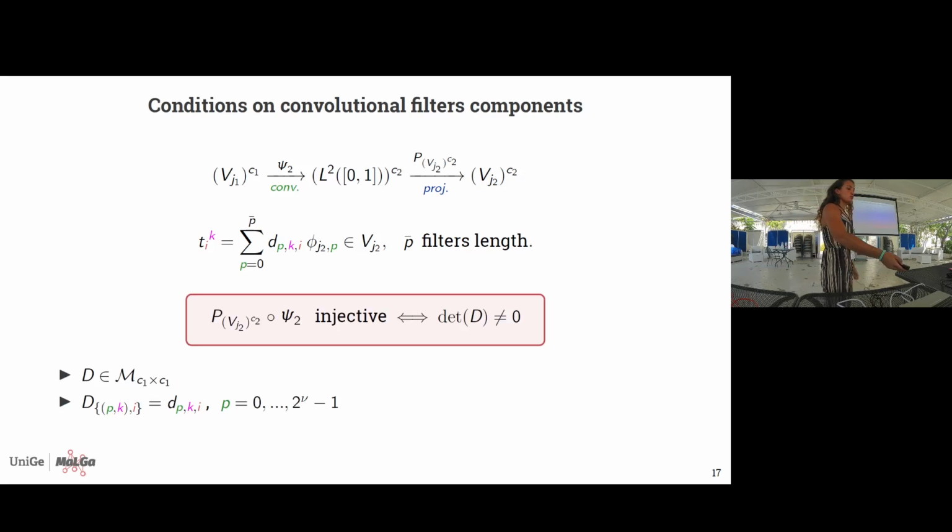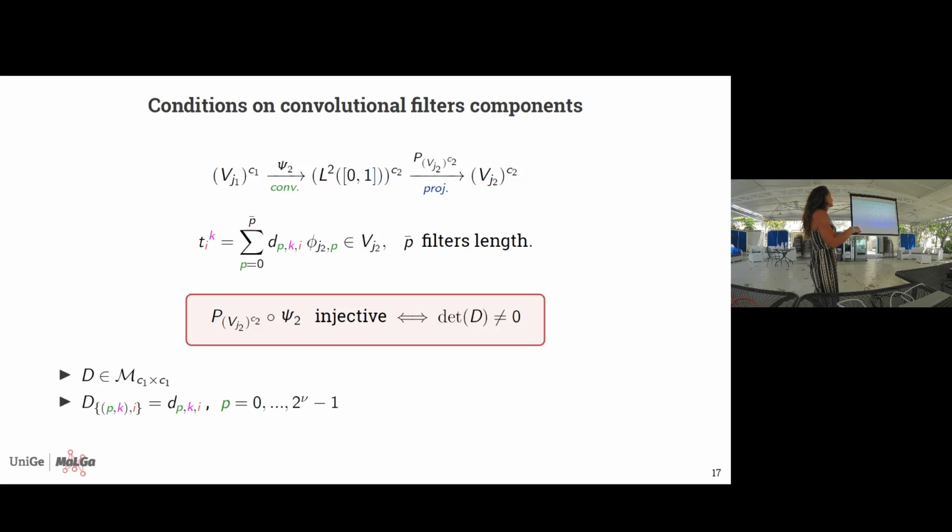And the condition we find is that the composition of these 2 maps is injective if and only if the determinant of D is different from 0. That is a very simple condition. There is some calculus behind these formulas, but I skip it, and I just give you the result.